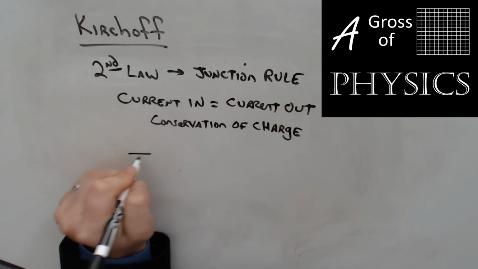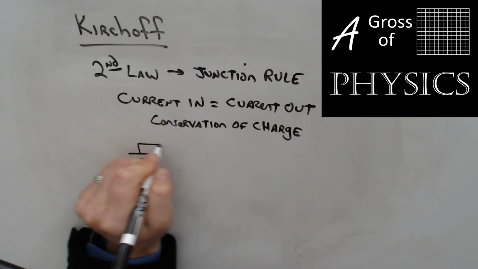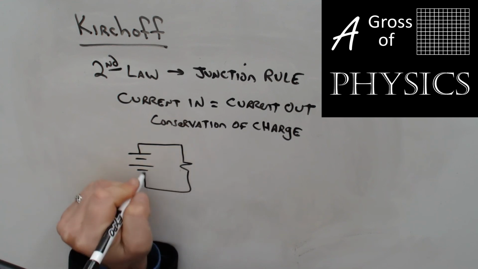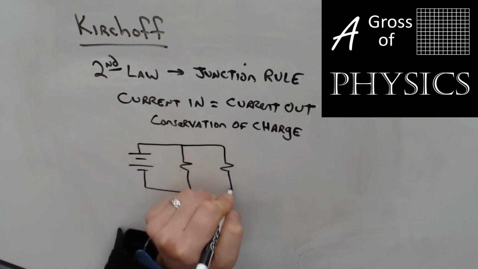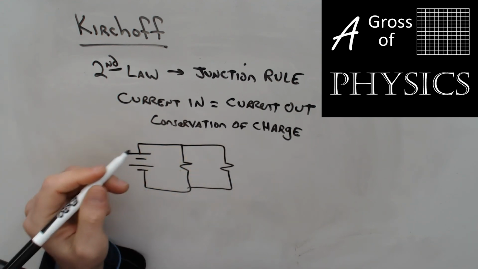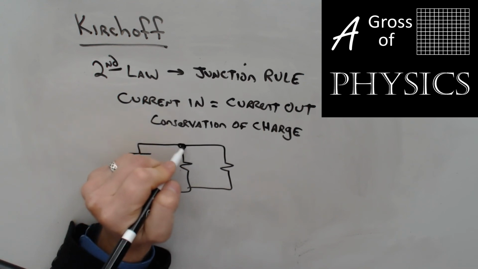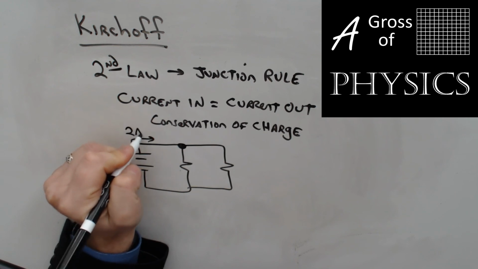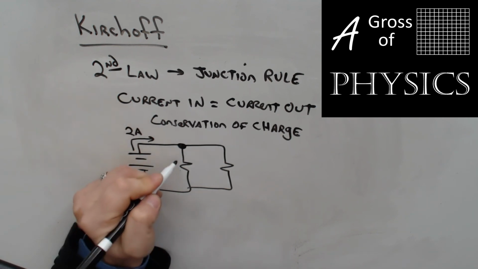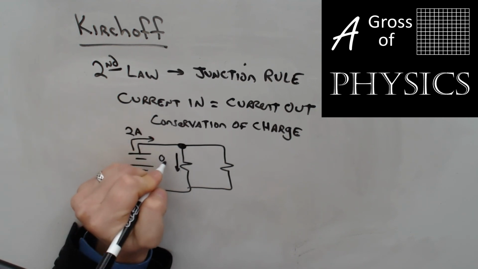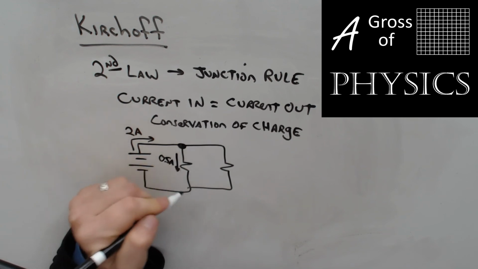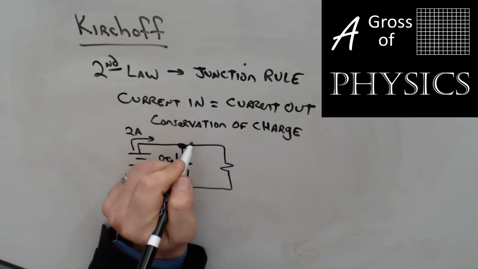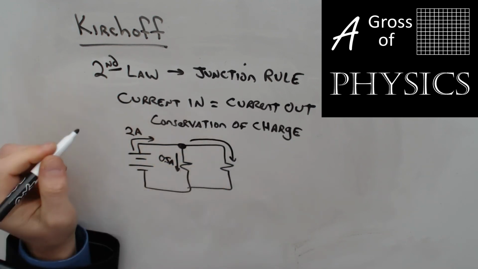Now, if we remember back to our parallel circuit, we'll just look at a simplified parallel circuit here. We have one junction right here. So we have 2 amps leaving the battery. If 0.5 amps flows through this section, what has to flow through the other section?